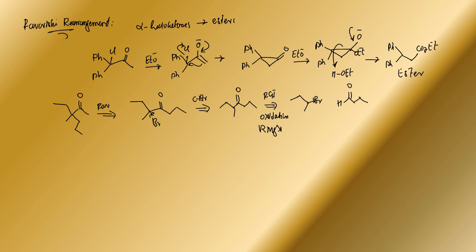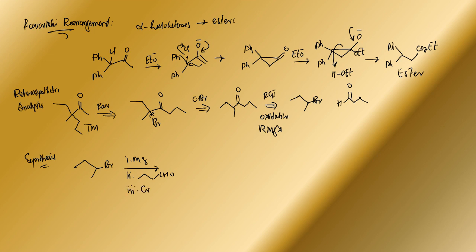So this is the retrosynthetic analysis of the target molecule. Here we have a synthesis so that we could understand what has happened. First we will treat the alkyl halide with magnesium, the aldehyde, and chromic oxide for oxidation.